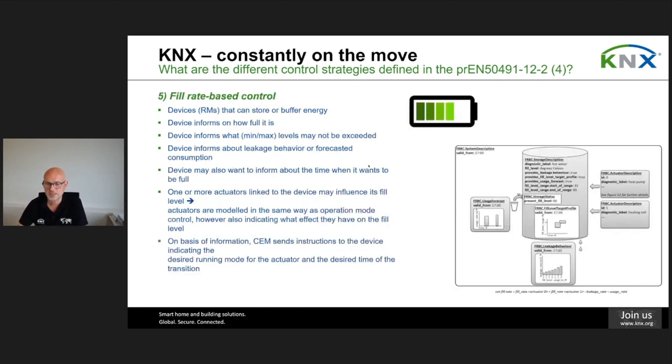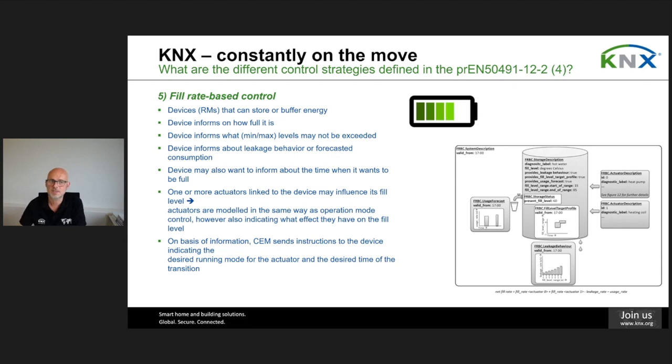And last but not least, and for this particular control mode, I will also explain how we want to realize that with KNX Classic, is the so-called fill rate based control. This fill rate based control is ideally suited for devices that can store or buffer energy.